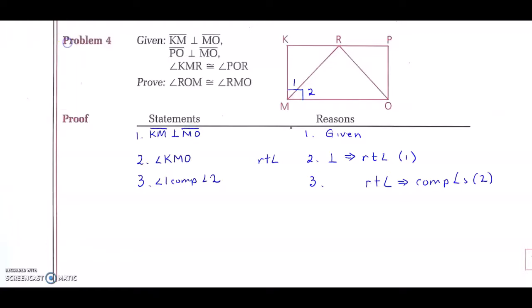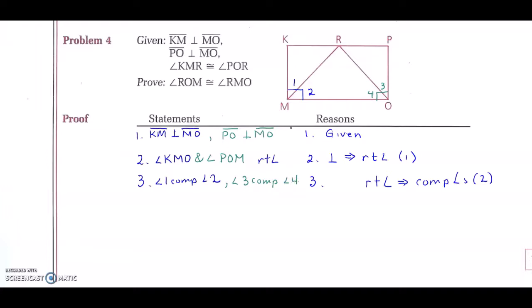Now, why did I leave such a big space in there? We were also given PO is perpendicular to MO, which would mean angle POM is a right angle, which would also mean angle 3 is complementary to angle 4.